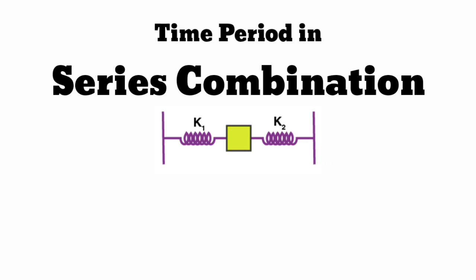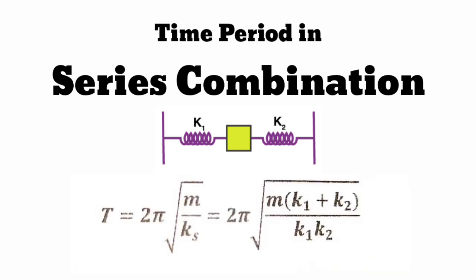For the time period in series combination, we have T equals 2 pi times the square root of m over ks equals 2 pi times the square root of m times k1 plus k2 over k1 times k2.